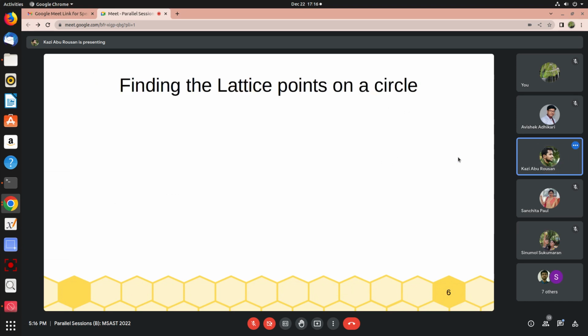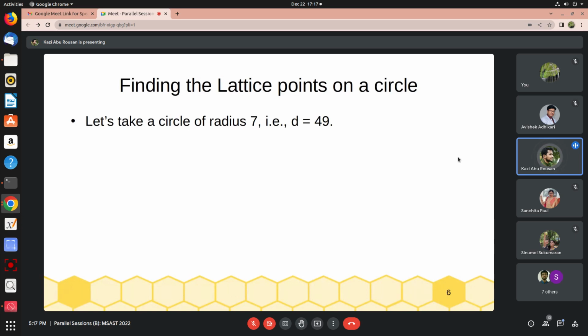Fine. So keeping these things in mind, now we can go into the main things of this article, this paper. I will first start with an example. Let's start with a circle of radius 7.